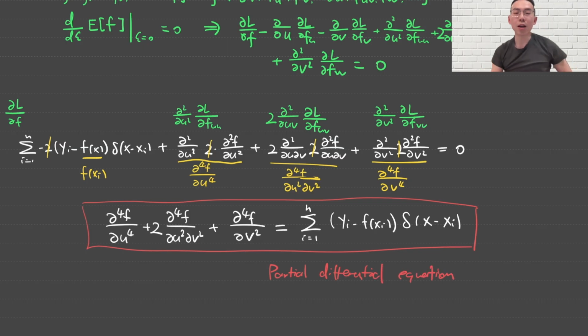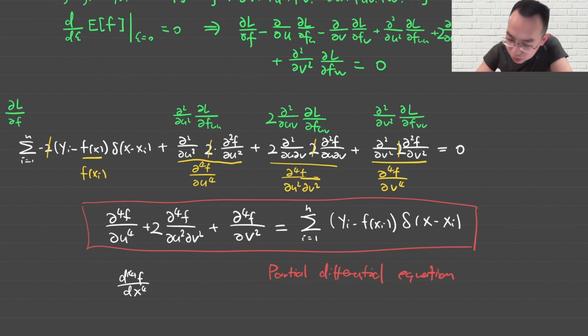Remember last time when we did the variational calculus, we ended up with an ordinary differential equation, or ODE. Here we have partial derivatives, and the right-hand side looks exactly the same. The difference is the left-hand side. Last time we had the fourth derivative of f with respect to x, so that's one variable, but now we have partial derivatives.